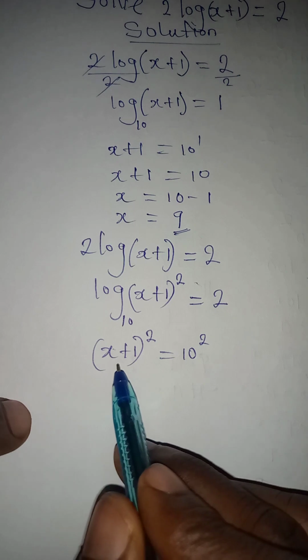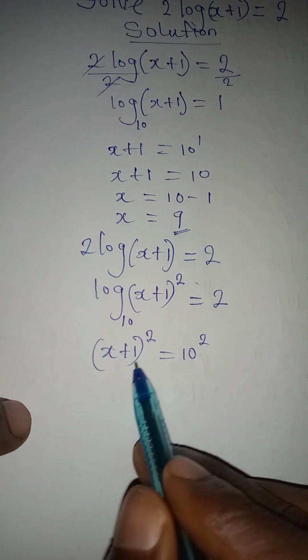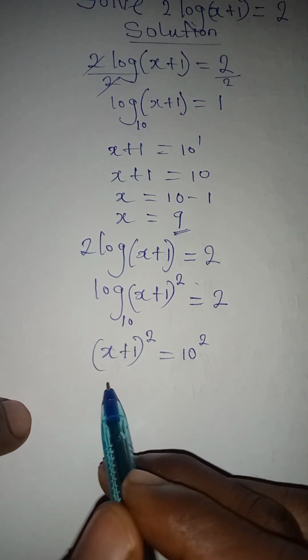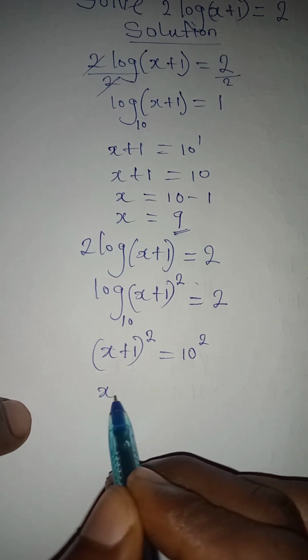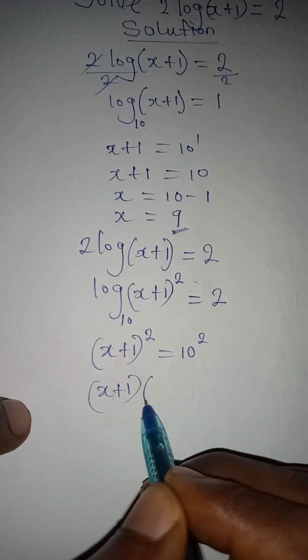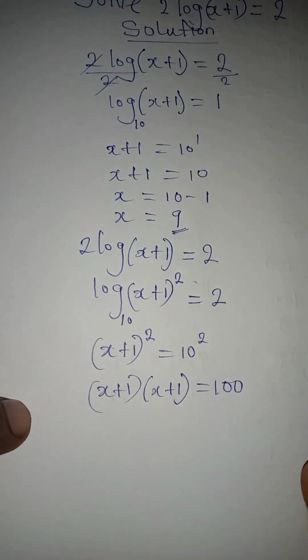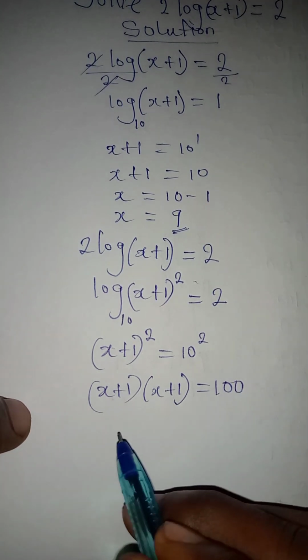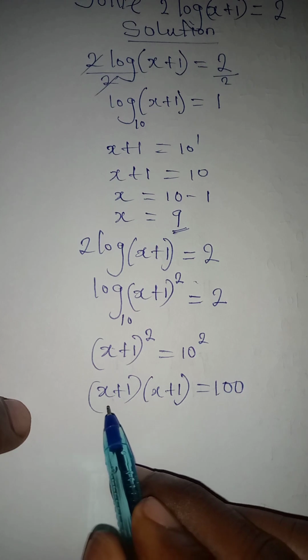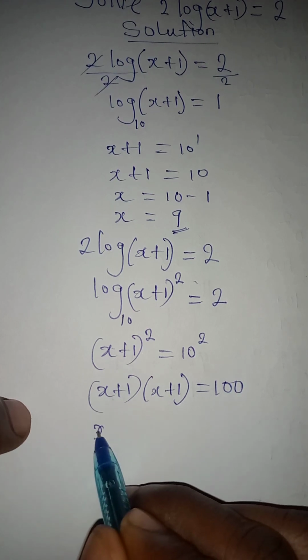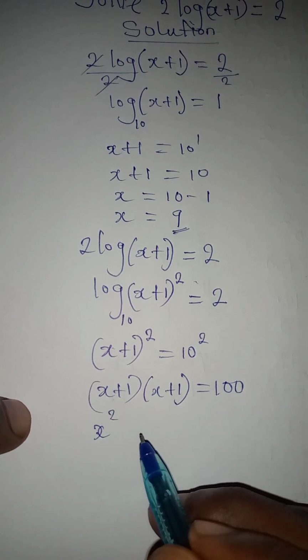What I'm going to do is expand the left hand side, so I have (x + 1) into (x + 1), which will give us 100. Now the next thing I'm going to do is to multiply x times x, that will give x squared.